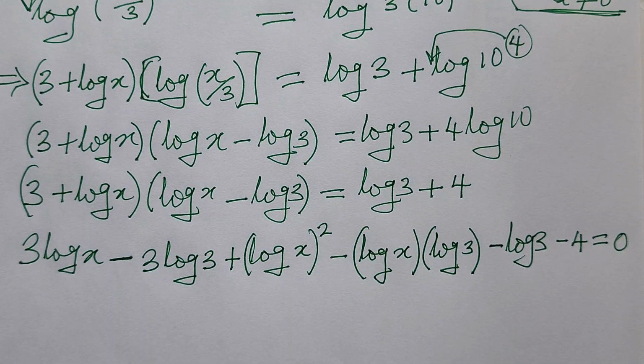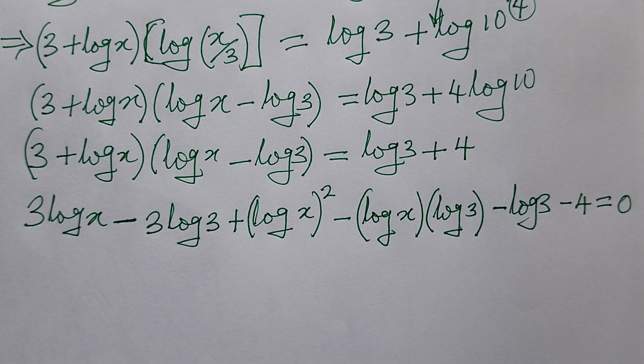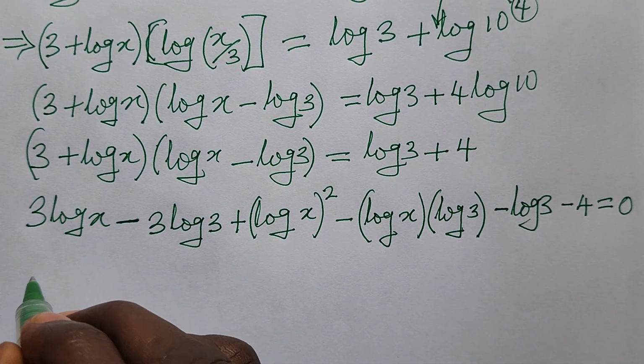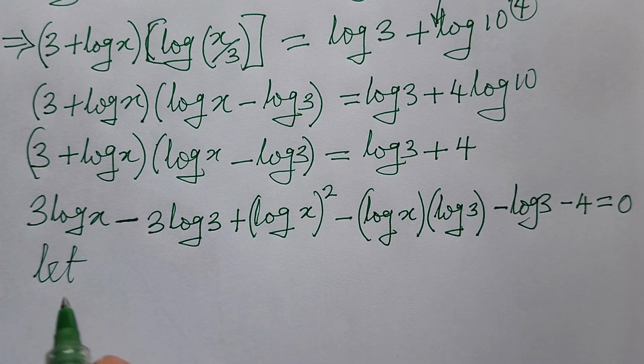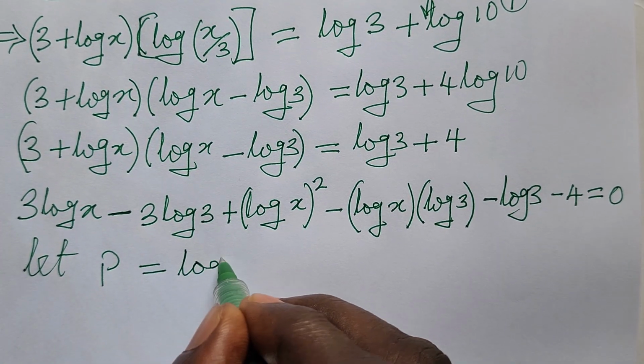Good. There are some things that are common here, but before we do that, to reduce this equation to a very concise one, we have to do some substitution. We can bring in another letter to represent log x. Let p be equal to log x.